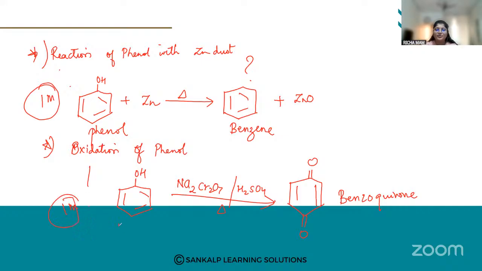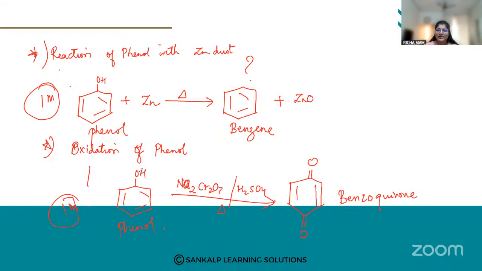So phenol, when you do oxidation in the presence of sodium chromate, which is an oxidizing agent. What do you mean by oxidation? It is giving you oxygen, and it will remove the hydrogen.